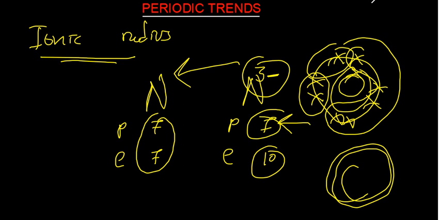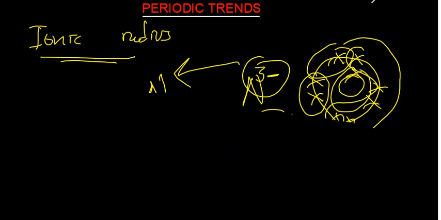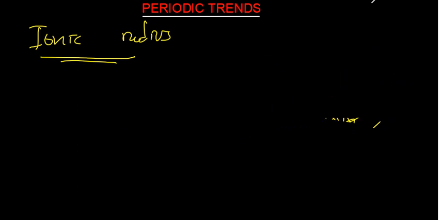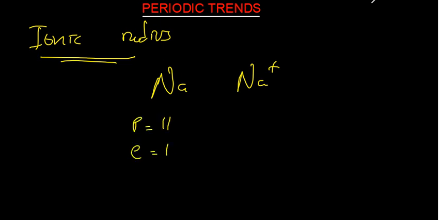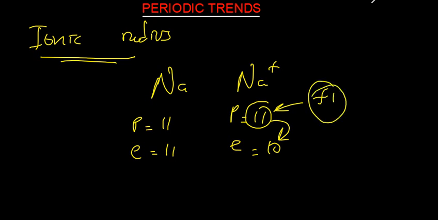Now if you are talking of cations, those which have lost electrons, take for example sodium and sodium plus. So sodium has got a proton number of 11, so there are 11 protons and also 11 electrons. But here the protons are 11, it has lost 1, so the electrons are 10. So you can see that the protons which are attracting the electrons are more. So all these electrons will be attracted to the protons, and there is actually 1 proton which has remained. 1 positive which has remained is not attracting anything.